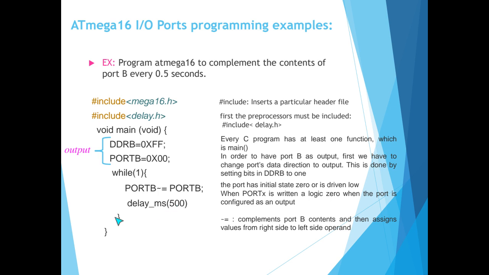And then the curly brace related to the loop is also closed. So as you see, we easily write the program for complementing the contents of one port by creating a delay in our program. Any question?